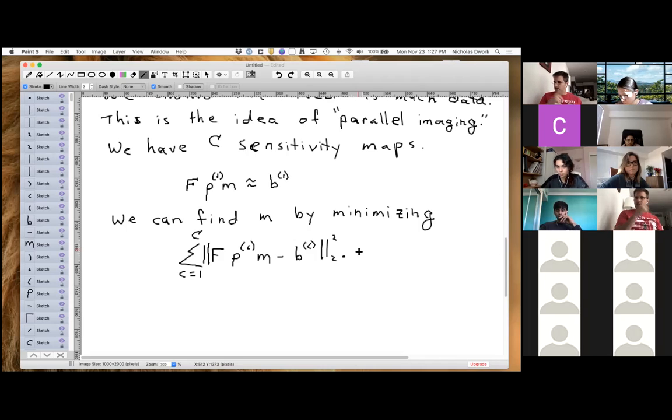We get 1 value from one coil and 1 value from another. And so if we have 2 coils, we can get half the data and still have enough equations for the number of unknowns that we have.